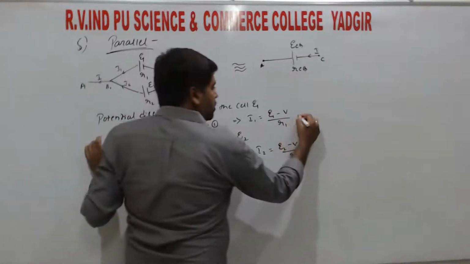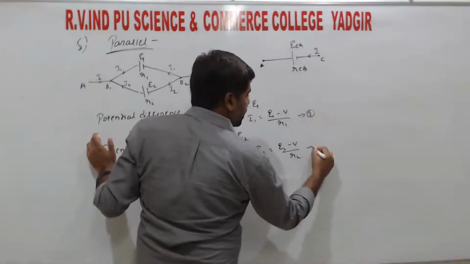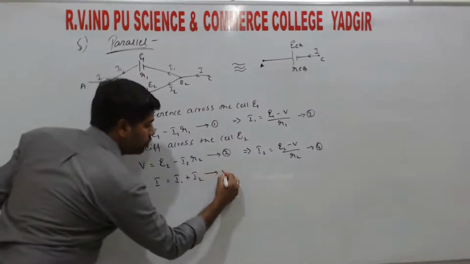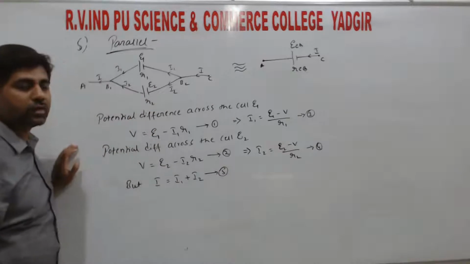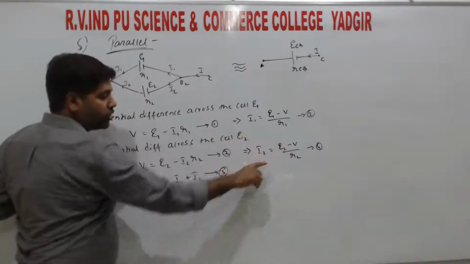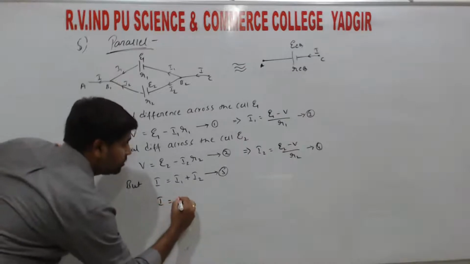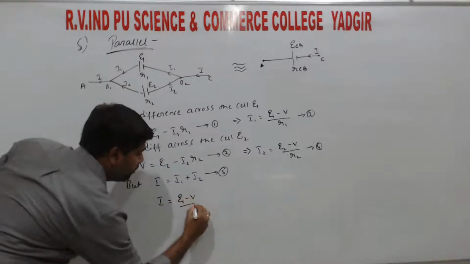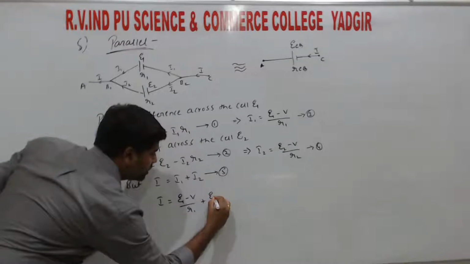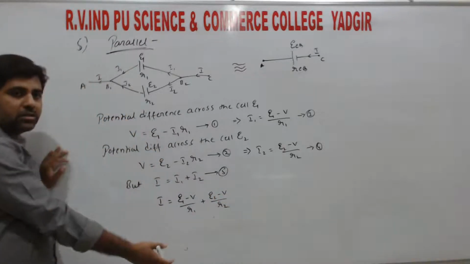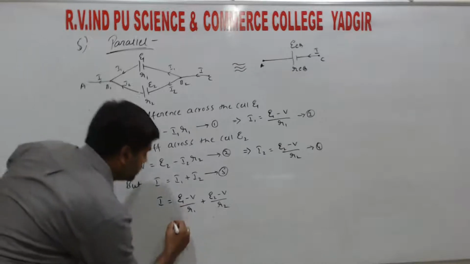So calling these equation 3, equation 4, right? And this one as equation 5. So substitute equation 3 and equation 4 in equation 5. So LHS I is equal to E1 minus V divided by R1 plus E2 minus V divided by R2. So it is the next mathematical simplification, right?